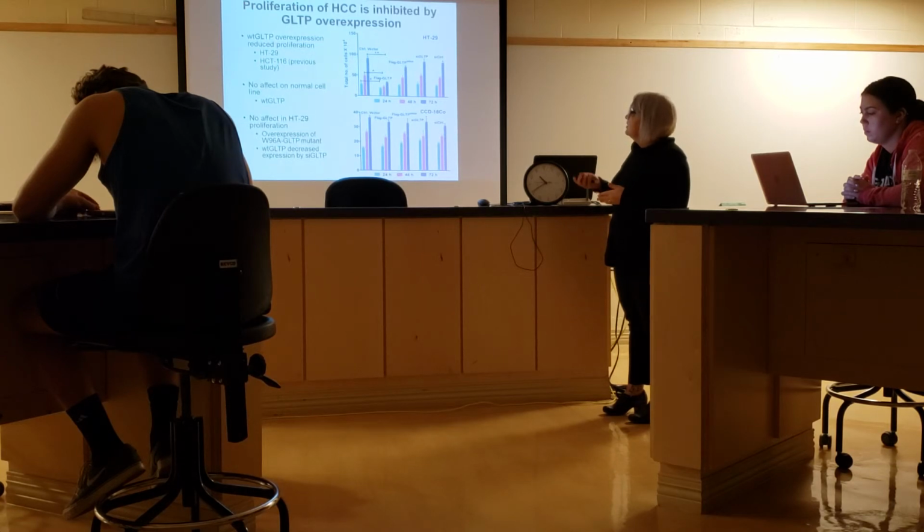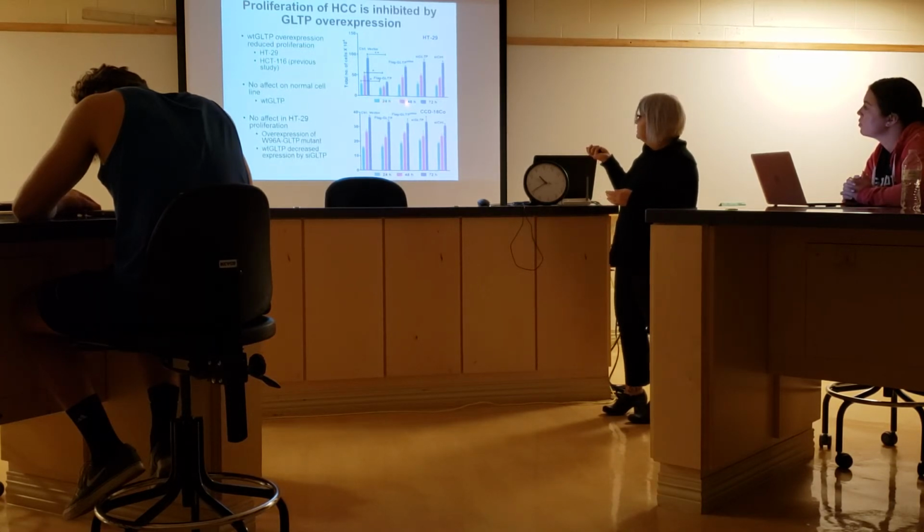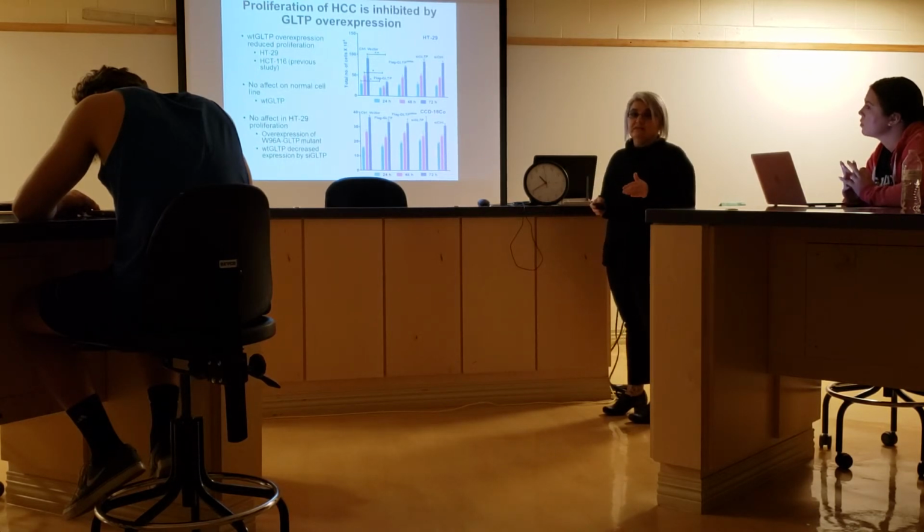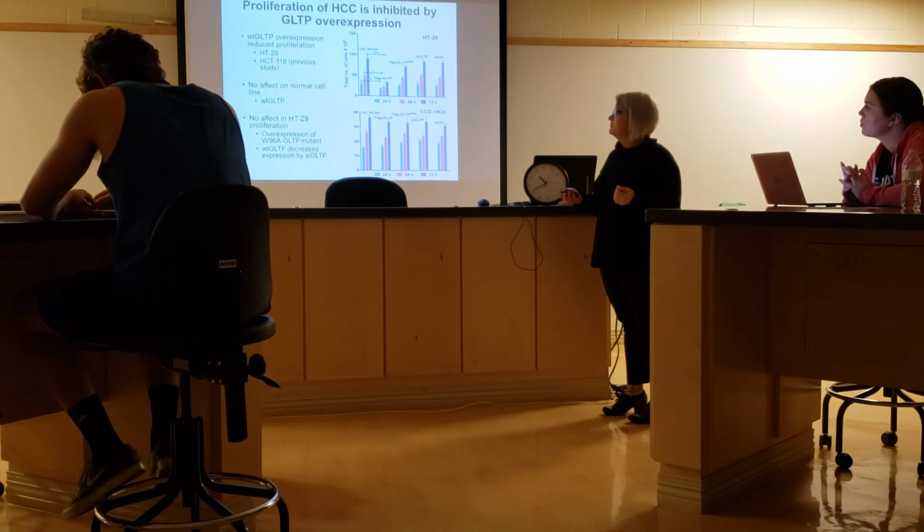And what they saw was that the light blue stands for 24 hours, pink 48, and the dark blue is 72. Those are the time frames post-transfection that they looked and counted the cells to see if there was cell proliferation or if the cell proliferation was inhibited.